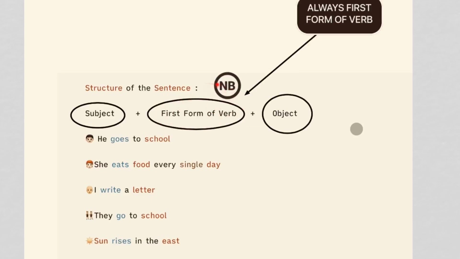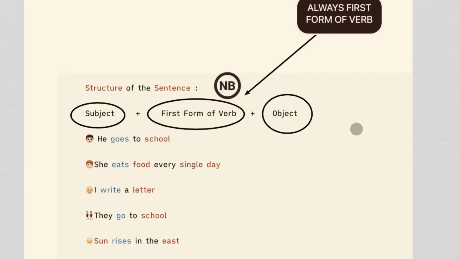Please remember that we are always going to use the first form of the verb, always the first form of the verb in the present indefinite tense. And then the final part is the object. Let's have a look at the first sentence. He, that's masculine. He goes to school. He is the subject. Goes is the first form of the verb, to school.